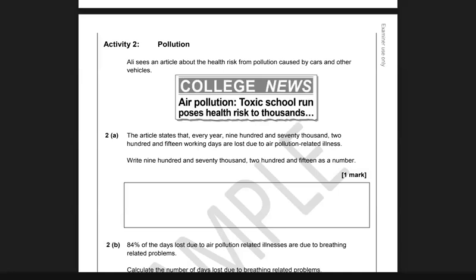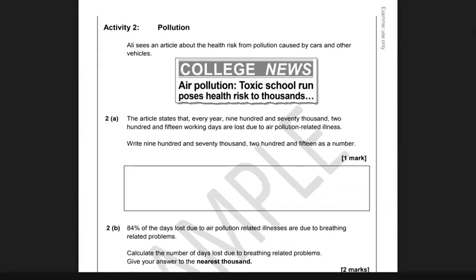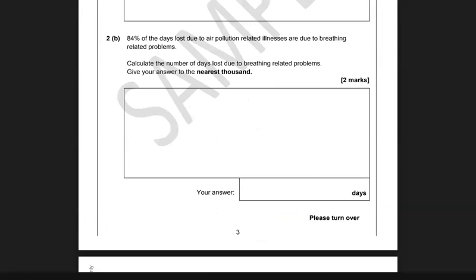So that gives you 970,215. That's it. Now, 84% of days lost due to air pollution related to illness are due to breathing related problems.